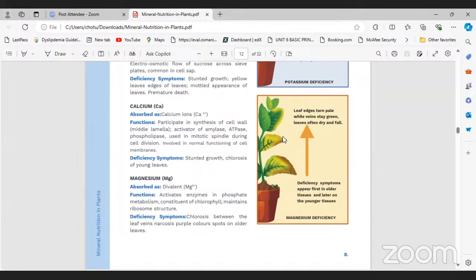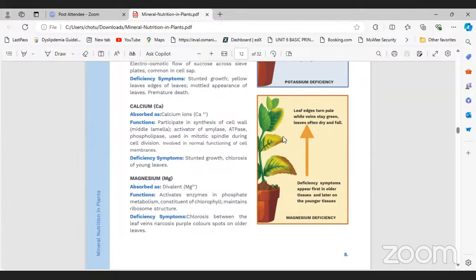Calcium has many roles in the structure and metabolism of the plant. One important function of calcium in plants is to give strength. It is a constituent of the middle lamella, in which it is present in the form of calcium pectate.